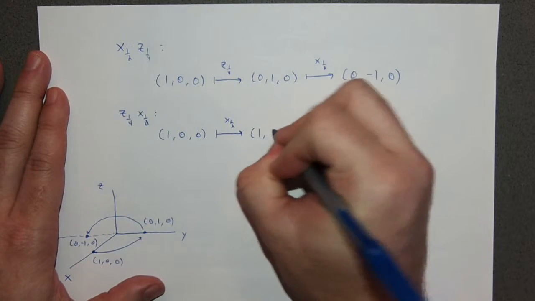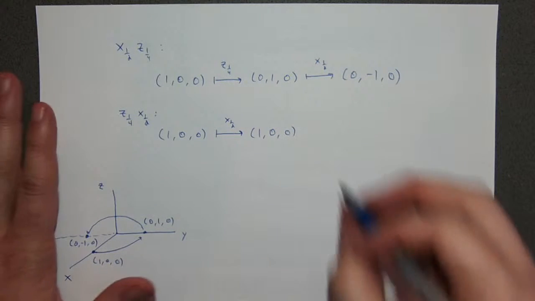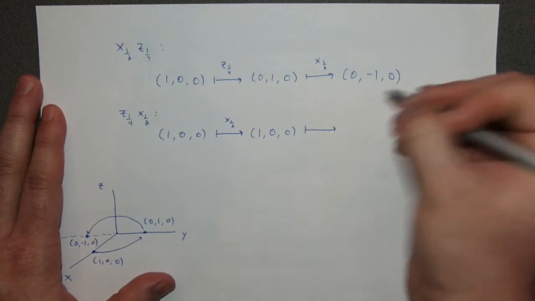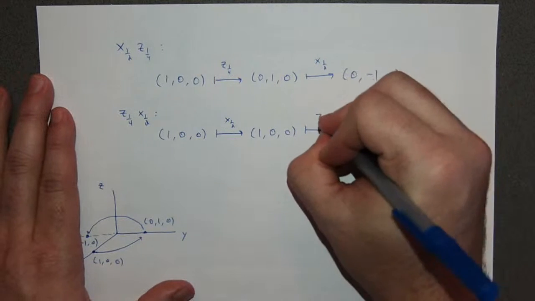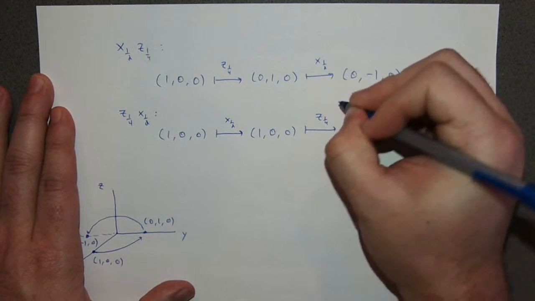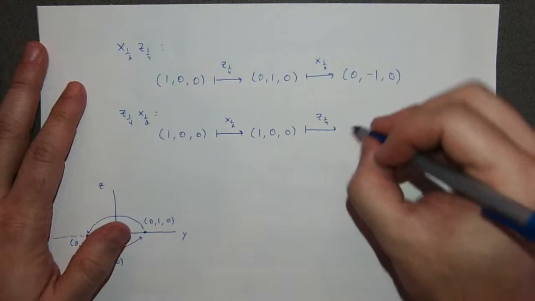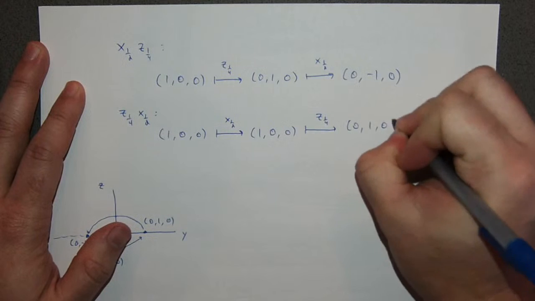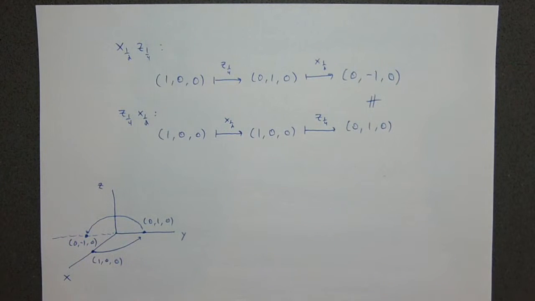So this gets sent to 1, 0, 0. Oh, now you see what the problem is going to be here, right? In this way, when I follow it by a quarter turn about the z-axis, I go to 0, 1, 0. So clearly, these are not the same. So this product of rotations does not commute.